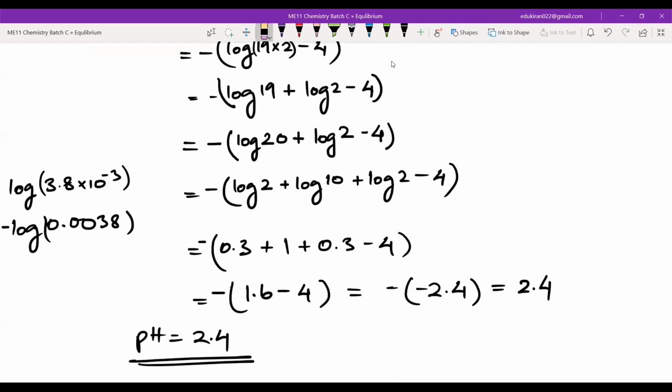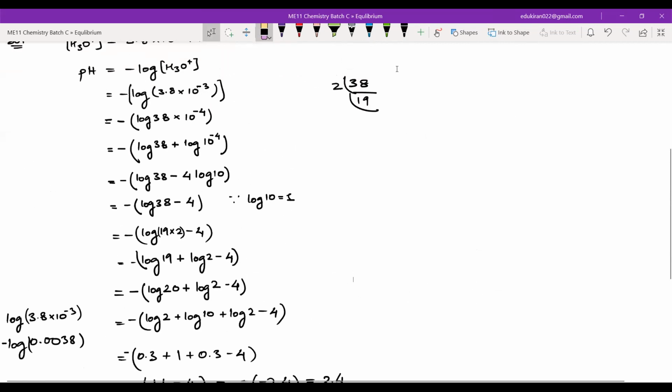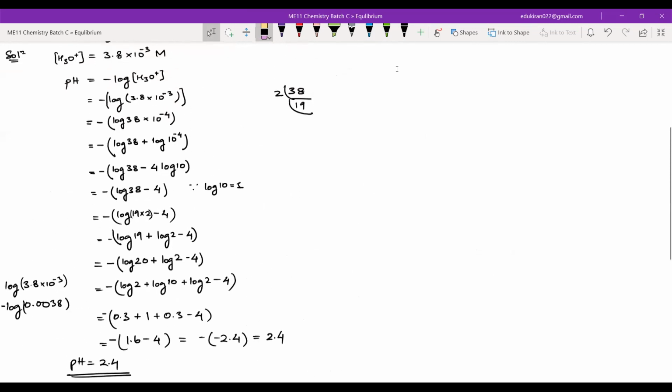Can you scroll up? This seems very long, but because we did each and every part separately here. If you start doing questions, then you will not need such long solutions.